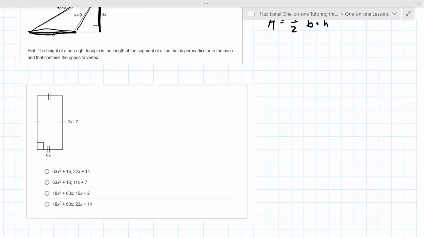Okay, so here's a rectangle. See if you can do this one on your own. The formulas for area and perimeter are base times height, and then perimeter you just have to add up all four sides. So see if you can do that one on your own, please.